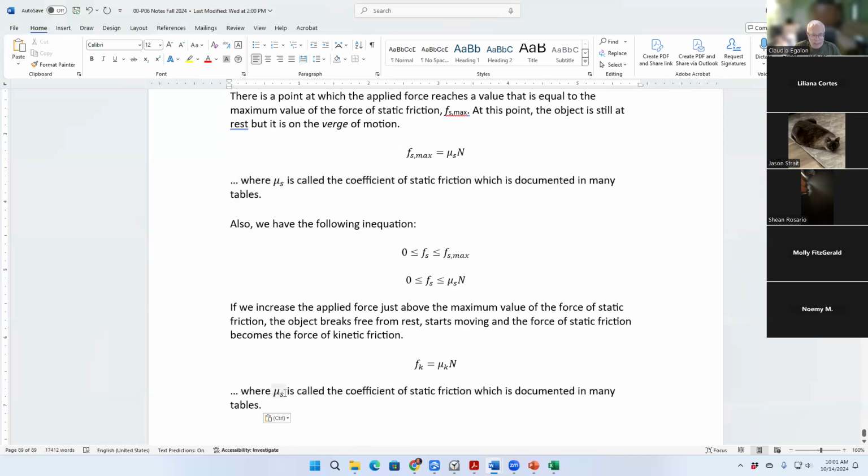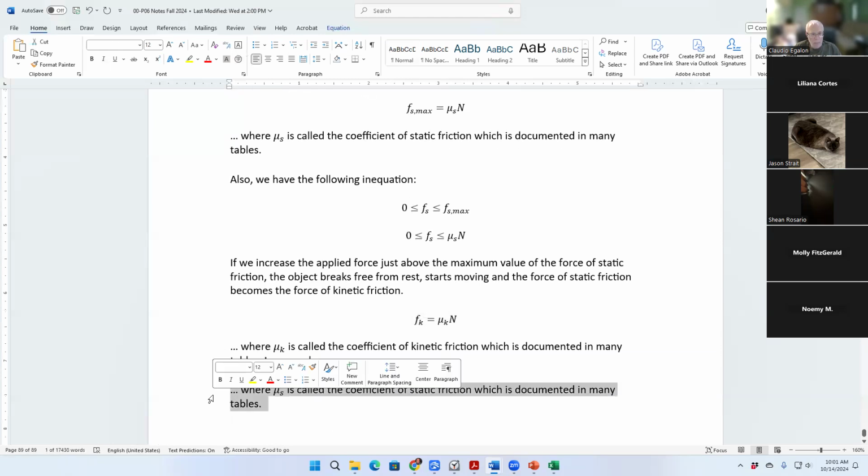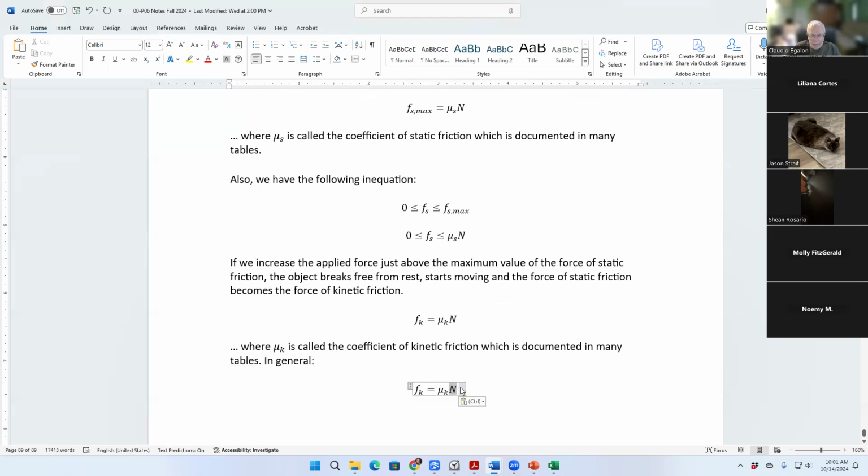Where mu sub k is called the coefficient of kinetic friction, which is also documented in many tables. In general, mu sub k is less than or equal to mu sub s.